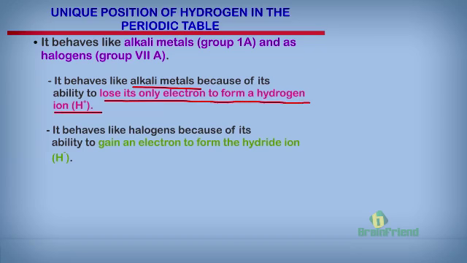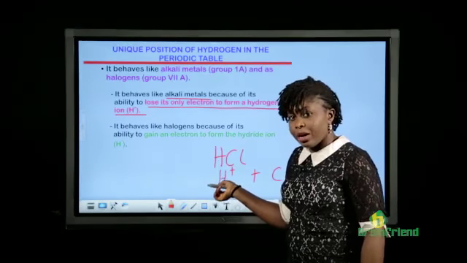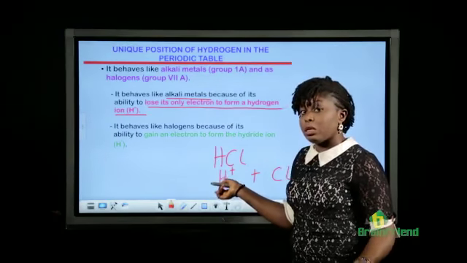We said that in this reaction, hydrogen will give off its only electron to chlorine to form the hydrogen ion, while chlorine will accept one electron from hydrogen to form the chloride ion. So, in this regard, hydrogen behaves as alkali metals because this is what alkali metals do.